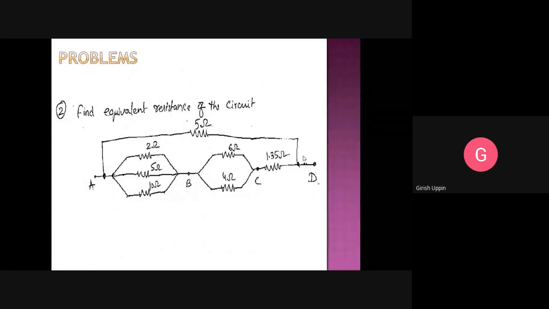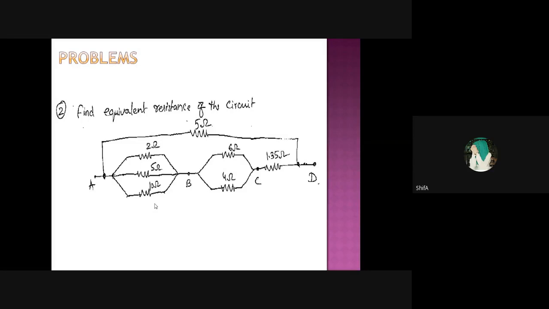So this is the next circuit. Please note down. What I want here is the equivalent resistance. Okay, there is a node A and node D. So it is a combination of series and parallel. So I will just give a hint. This is 2 ohm, 5 ohm, 10 ohm. How are they connected? Are they in series or parallel?